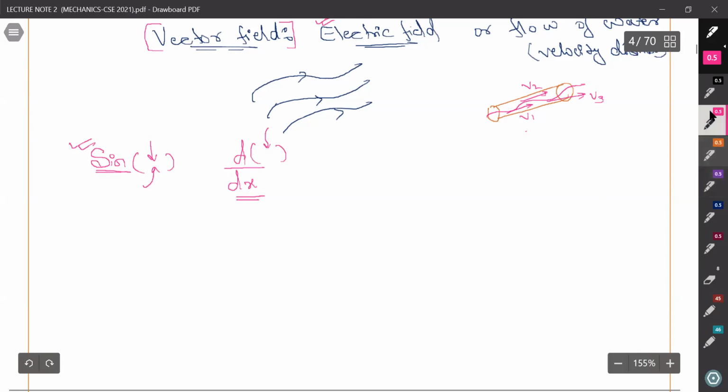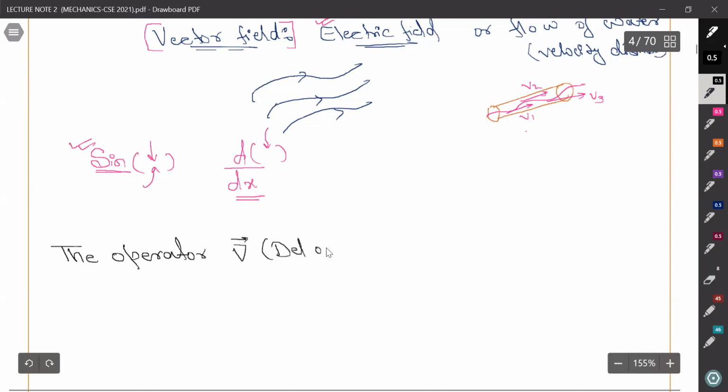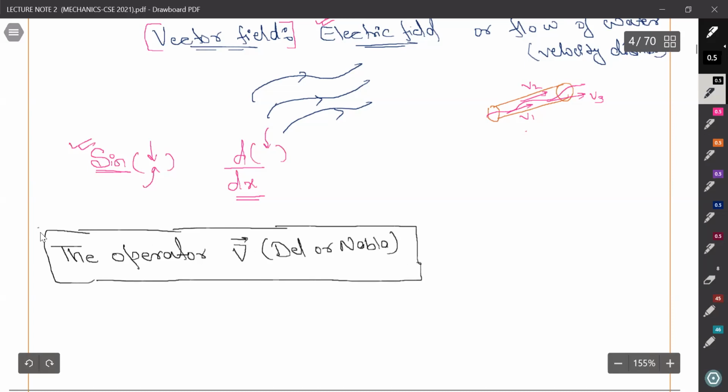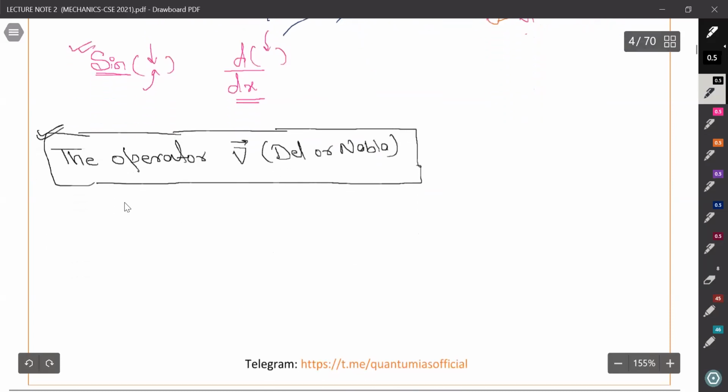Just like these operators, we have an operator that we call del or nabla. Basically we call it the del operator. So how can we define the del operator?